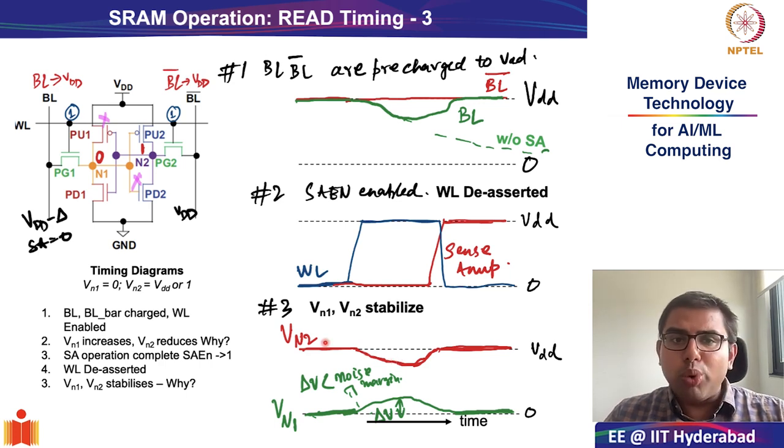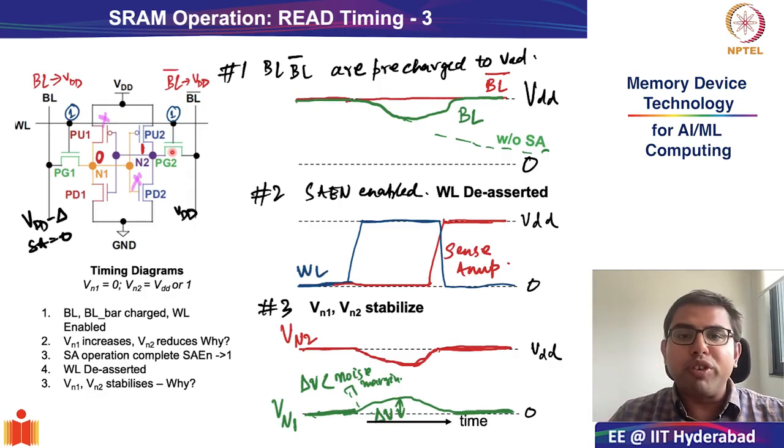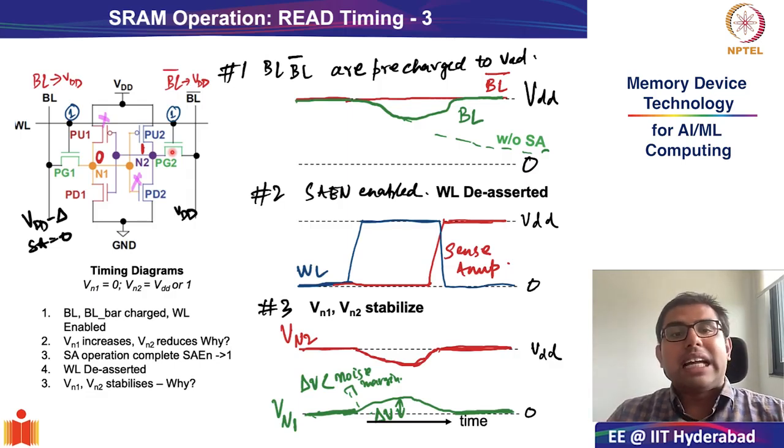So if VN2 is slightly moving away from 1 volt, it becomes 1 minus delta V dash volts. As you see, there is a small drop in the voltage at VN2. Does our original static analysis, where we assume that PG2 is turned off, still remain valid? Some of you might have already thought about it and realized that that is not really the case.